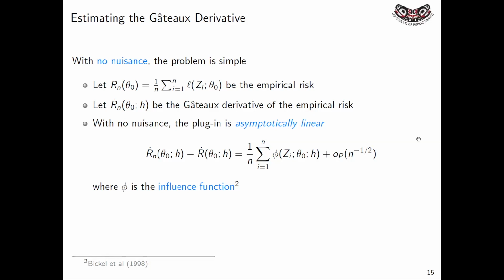It turns out that it would be asymptotically linear, meaning that R dot n minus R dot could be written as an average of some function plus some remainder terms that are small, little op of n to the minus 1/2. And that average of some function is the famous influence function that has been used in semiparametric and non-parametric inference, going back to, for example, Bickel. So we could write it as an average, and because it's an average, we could get a central limit theorem, and then everything works.